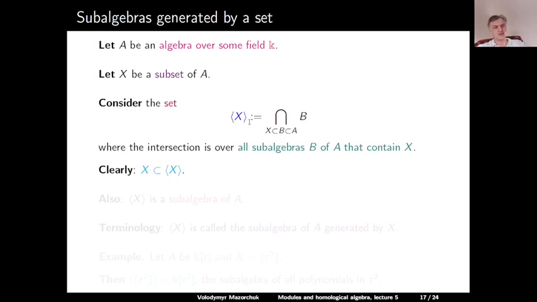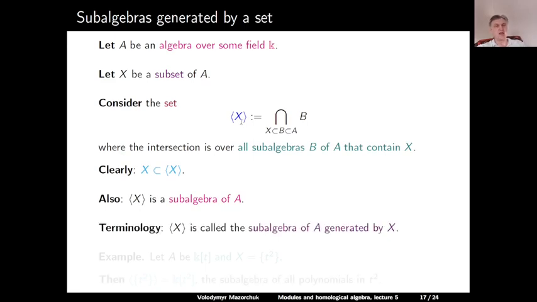Of course, the original set X belongs to ⟨X⟩, and ⟨X⟩ is also a subalgebra of A. Please note that we consider only unital algebras and unital subalgebras. So in particular, the subalgebra generated by X contains the unit element, so it's not empty. And so this ⟨X⟩ is called the subalgebra of A generated by X.